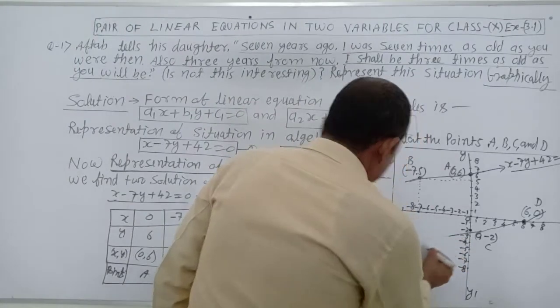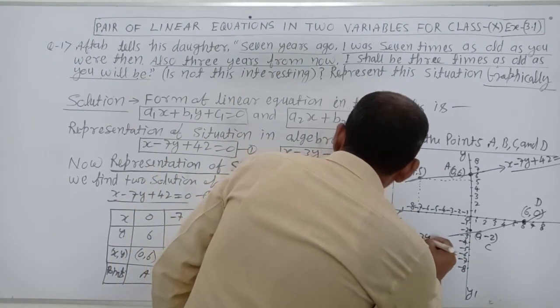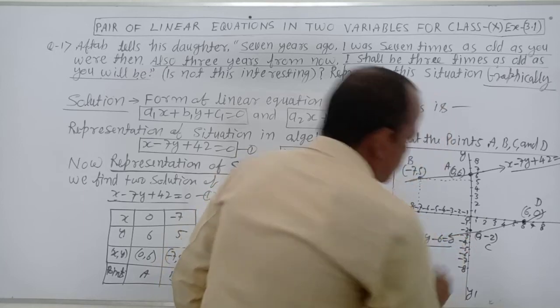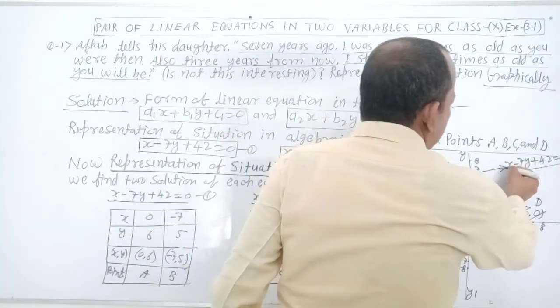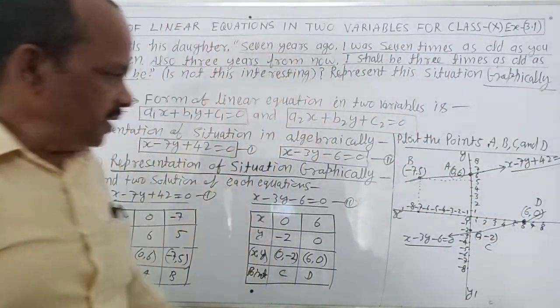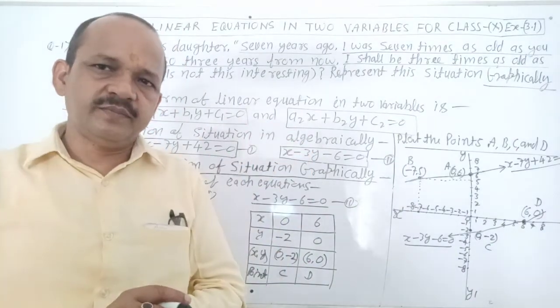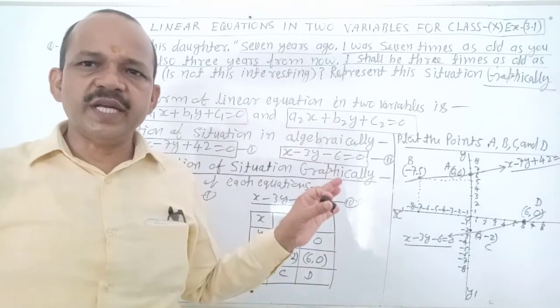Second equation is x minus 3y minus 6 equal to 0. It is for equation second and it is for equation first. In this way you can solve any question very easily. Solution is clear? No confusion about it?